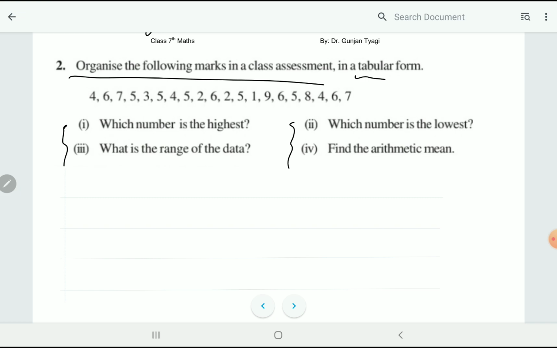Before that, I will arrange the data in ascending order. First rule for solving data handling: arrangement of data. So 1 is written here.